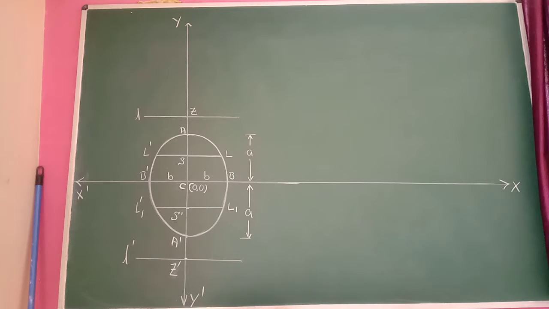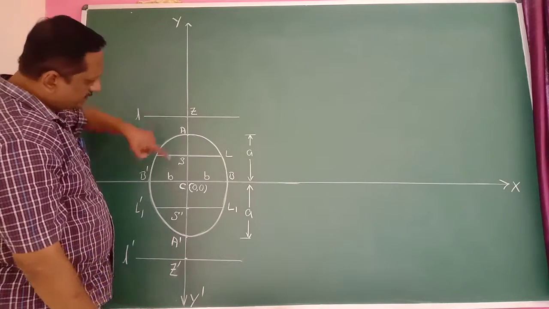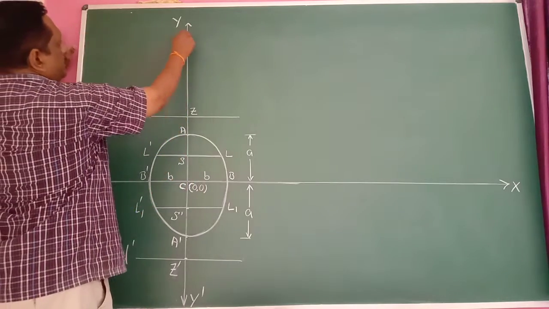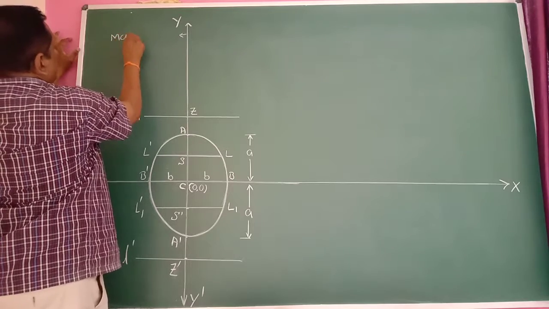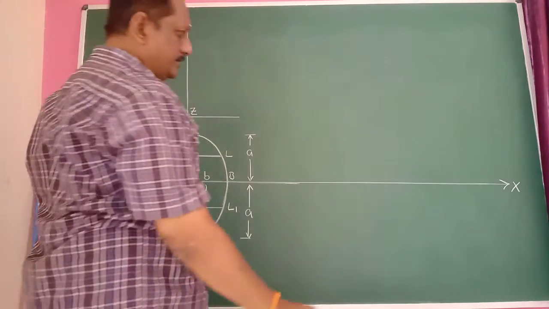So one more ellipse, like this. In this case, the y-axis is the major axis. The x-axis becomes the minor axis. Here it is a major axis, and this is a minor axis.